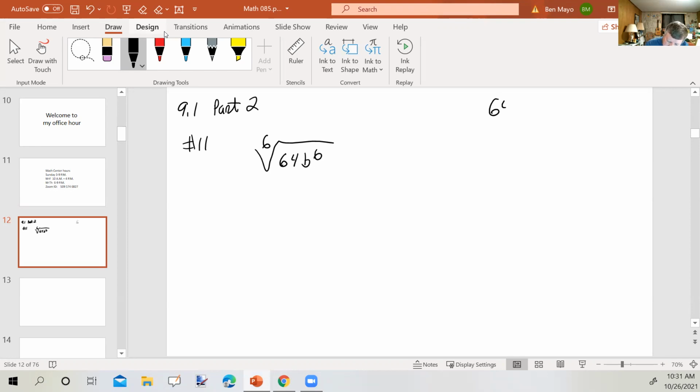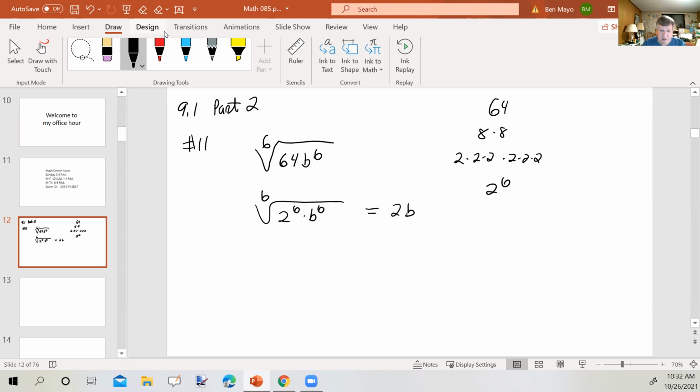Well, if we take 64 and break it down into its prime factors, we get 2 to the 6th power. So if we have the 6th root of 2 to the 6th power times b to the 6th power, the 6th root of 2 to the 6th is 2, and the 6th root of b to the 6th is b.